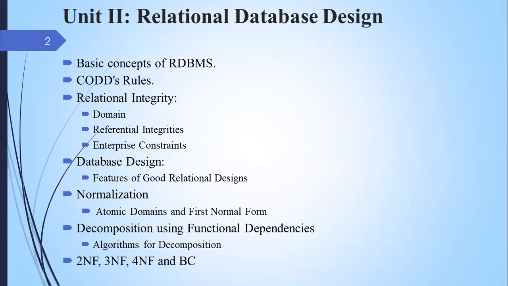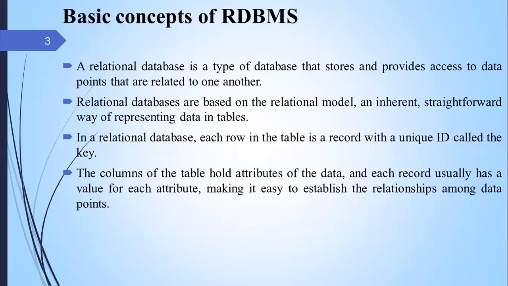We have to use algorithms for the decompositions. And finally, we need to study 2NF, 3NF, 4NF, and BCNF. So NF stands for normal form. We need to see these various topics under this unit, relational database design.